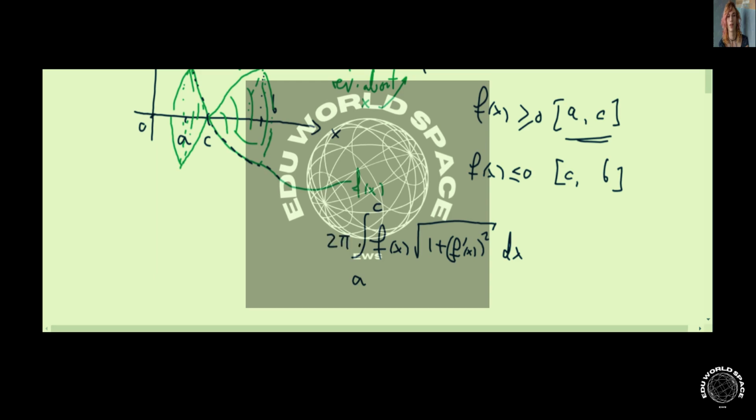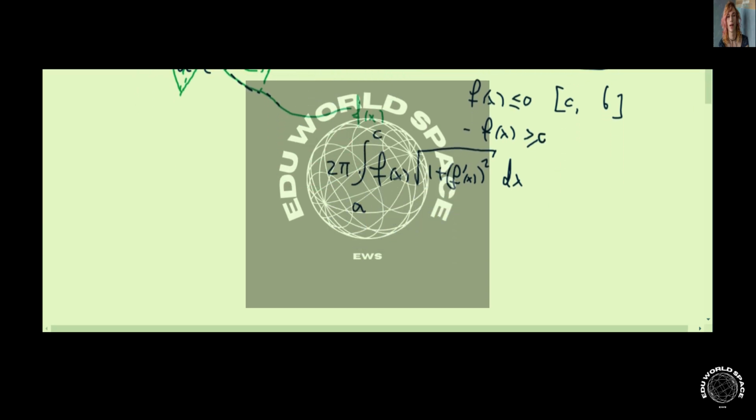For this other part, we just flip it to make it positive, so minus f of x is positive.